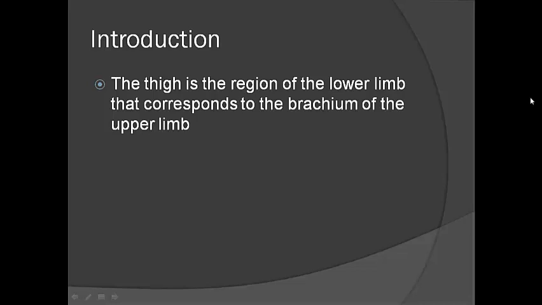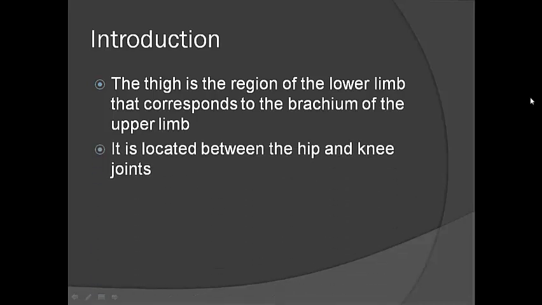So, with that in mind, the thigh is the region of the lower limb that corresponds to the brachium of the upper limb, meaning that it's the first part of the lower limb. It has a single bone. The bone is surrounded by muscles that are divided into certain compartments and so forth. In terms of location, the thigh is found between the hip and the knee joints, so it's the region of the lower limb between those two joints.